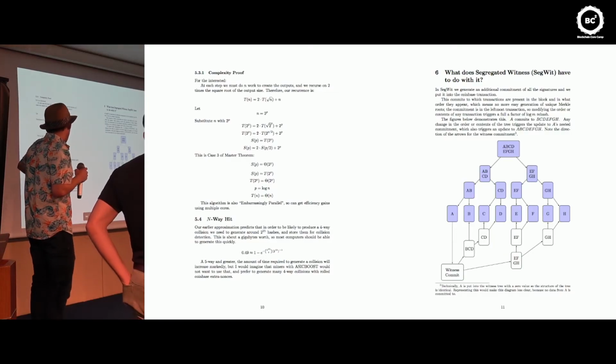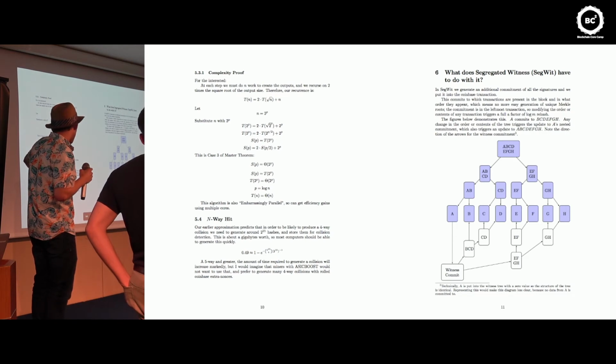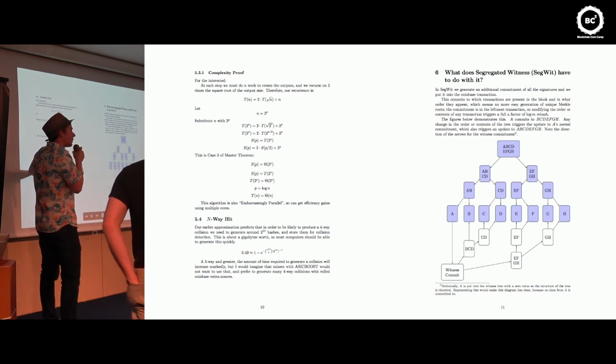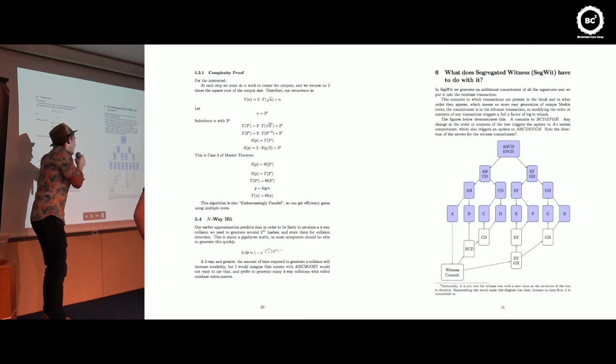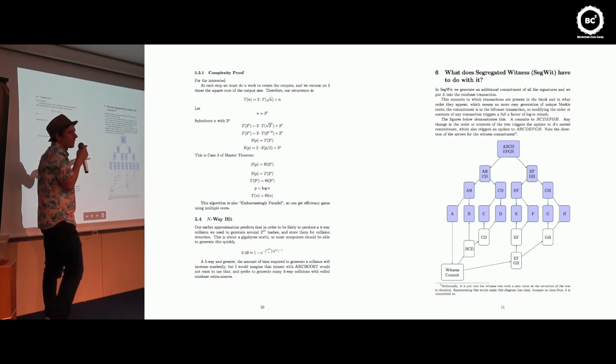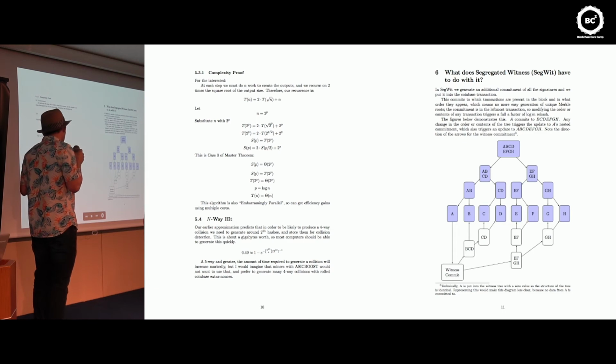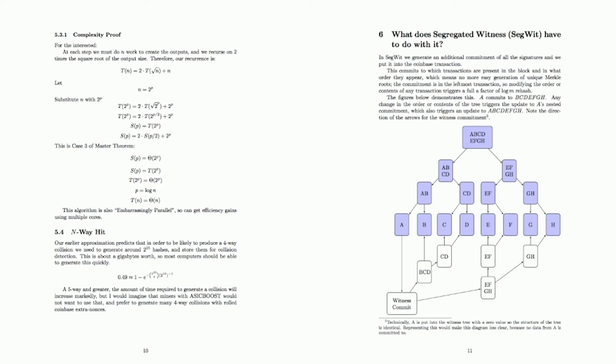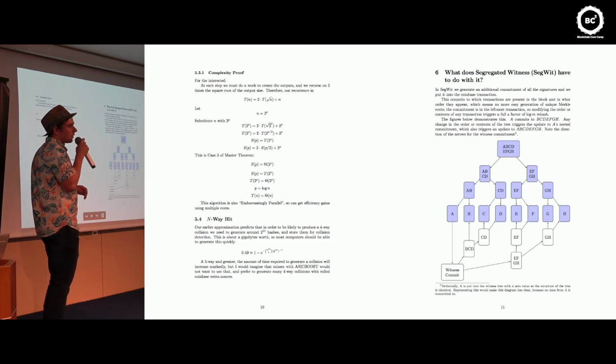So let's see. For a reasonable computer to do this for a four-way collision, with a 4 times speed up via Amdahl's law, we need to generate around 2 to the 25 hashes. If you want four different Merkle roots whose last four bytes are the same, you have to compute 2 to the 25 hash functions.